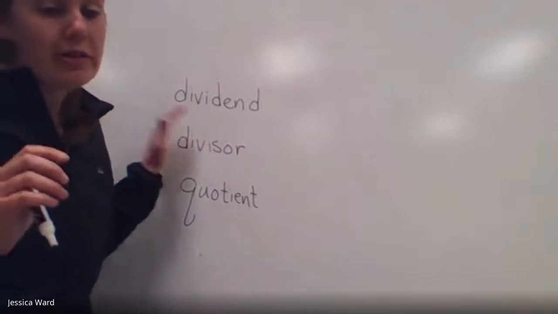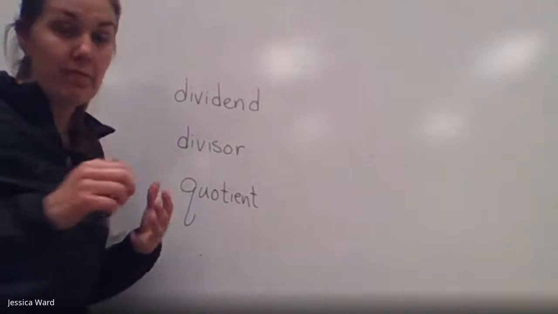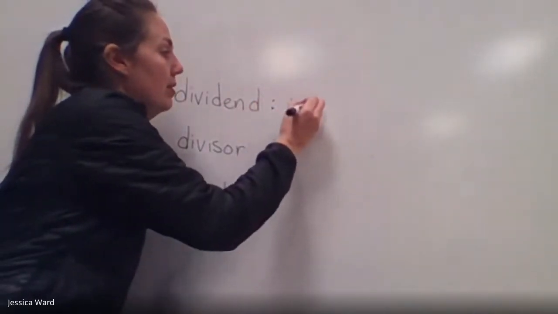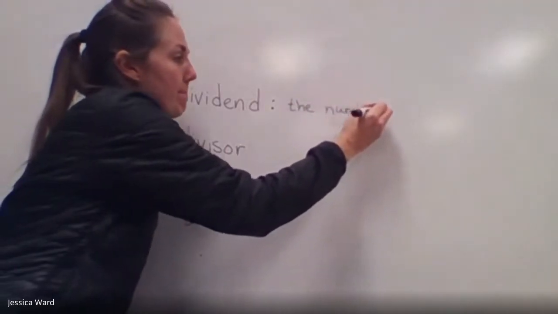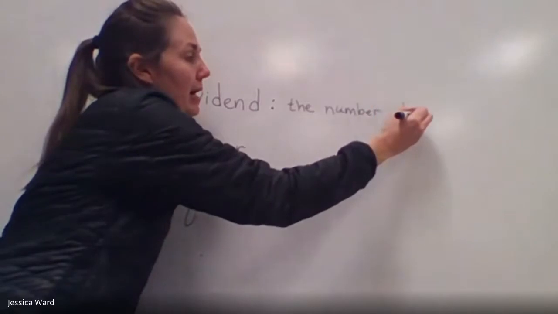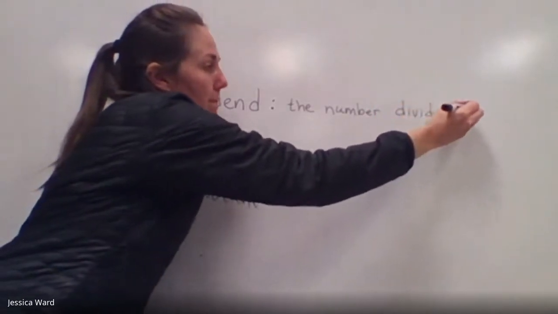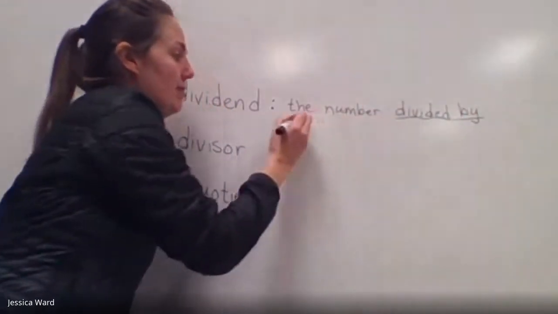Dividend is the number that is divided by another number. So that's what we're going to write: the number divided by another number. I'm going to underline the part divided by.